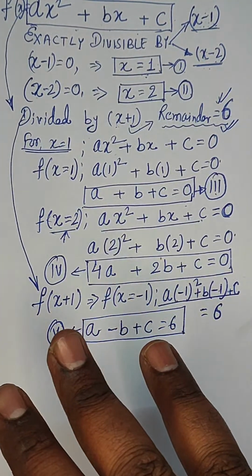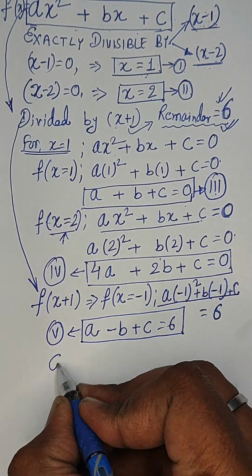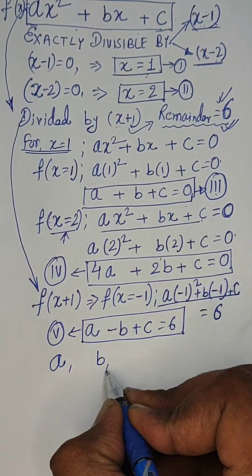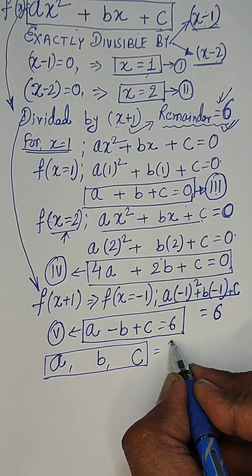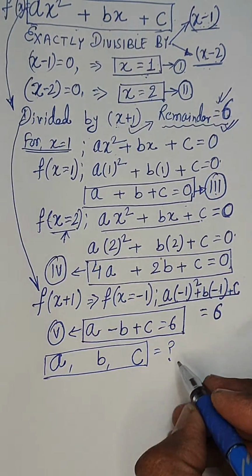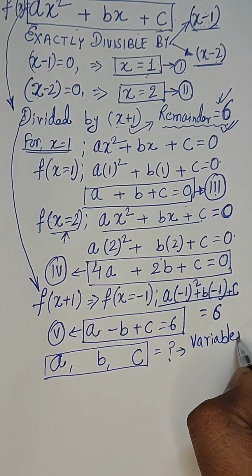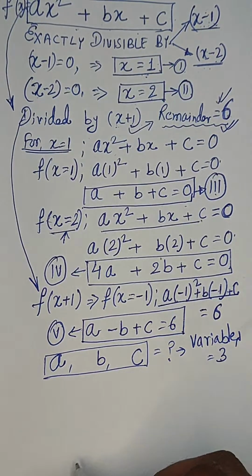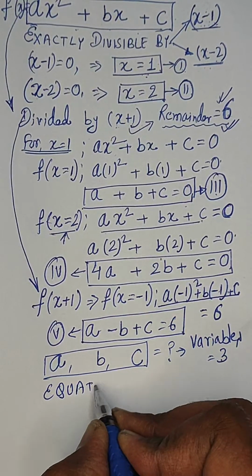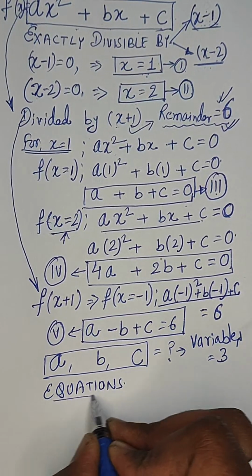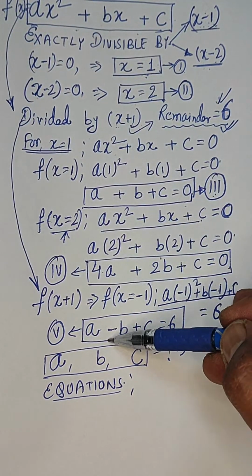So we have three variables, right? A, B, C, and the question is what is the value of A, what is the value of B, what is the value of C? So these are the three variables which need to be evaluated. Variables over here are three, and equations with us are 3. What are those three equations? Equation number 3, equation number 4, equation number 5.